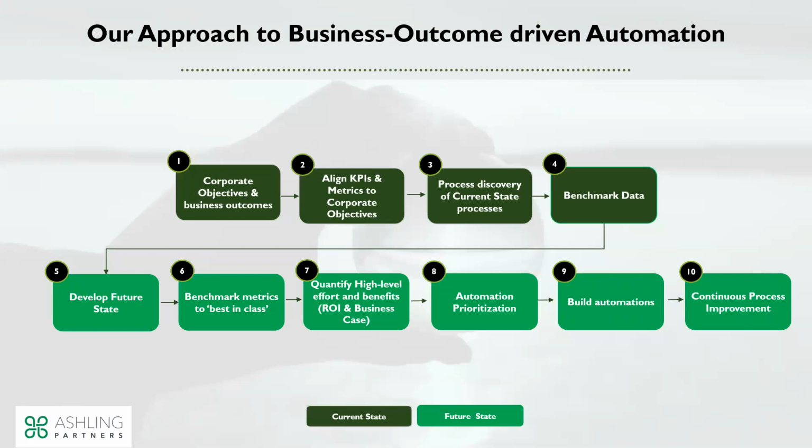So we look at that kind of in 10 steps. The first row there being current state, second row being future state.